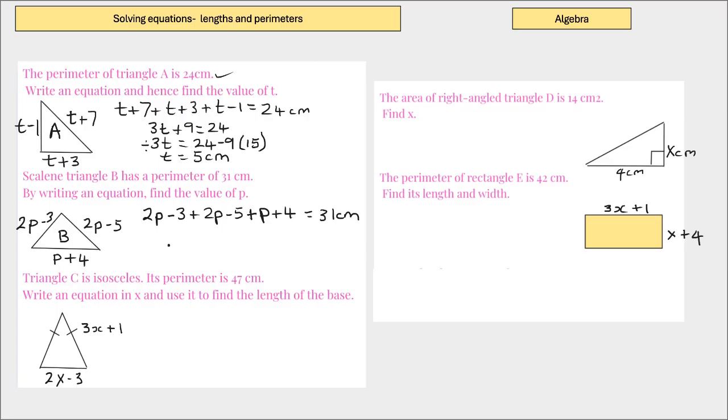Collect like terms. 2p plus 2p plus p is 5p. Sort out all the numbers, collect them together, which is going to be minus 4, equals 31.